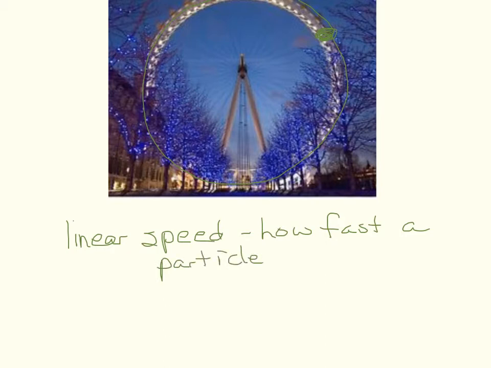In our example, the linear speed is how fast you're moving around the Ferris wheel. So linear speed is how fast a particle, a person, a point, we'll just be generic and say a particle moves around a circular path.